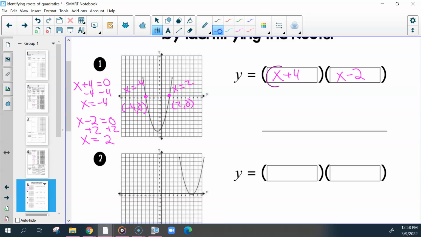So we're going to take that first number and multiply it to these two. Or that first term, I should say, because it wasn't really a number. X times x, you're adding the exponents, so this would be x squared. X times -2 would give us -2x.